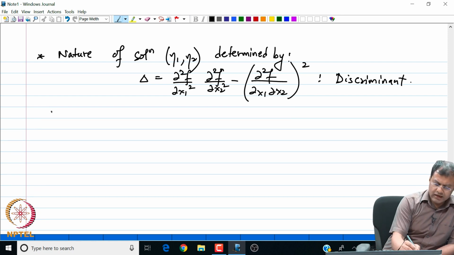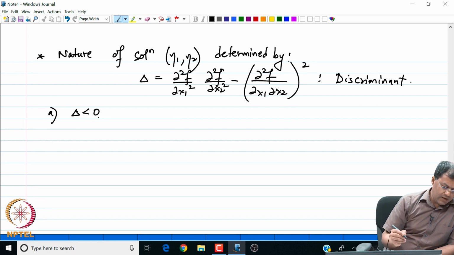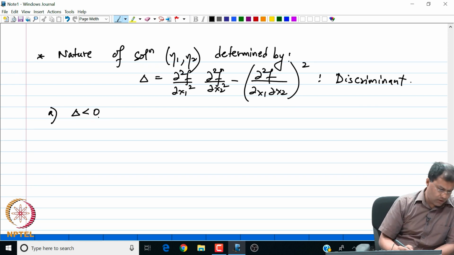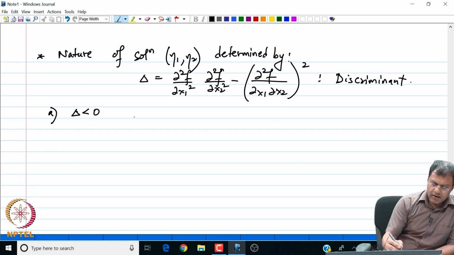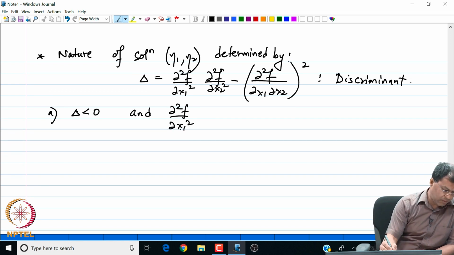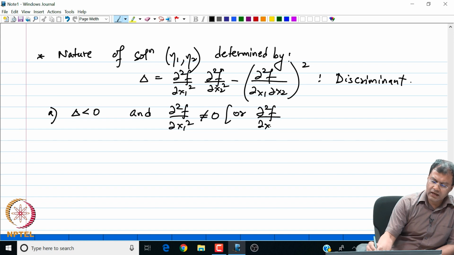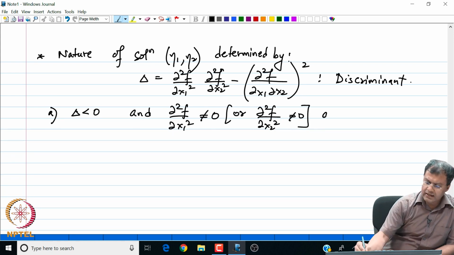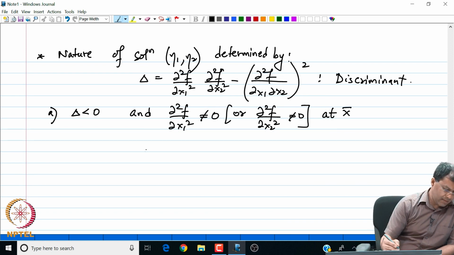So, the theory says, again we are just recalling, if my discriminant is negative, we are in trouble, we will have a real solution, and further, either the second derivative of f with respect to x1 is non-zero, or that with respect to x2 is non-zero, at x bar.